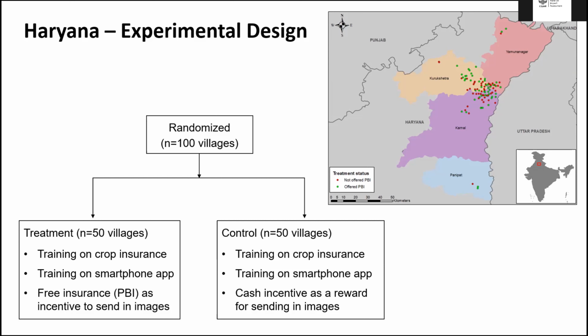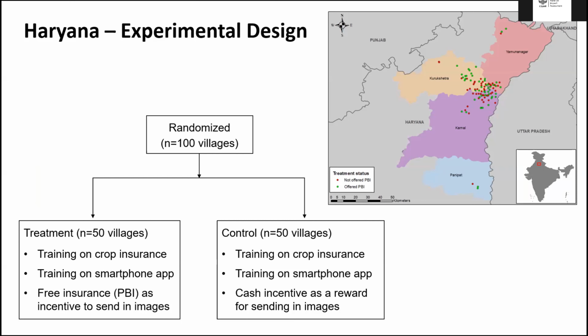And then we provided a cash incentive as a reward for sending in images. The reason why we did this is because we really wanted to focus on the effect of risk reduction through insurance, but not confound any estimates or differences between treatment and control by, maybe, training farmers on crop insurance might be having an effect. Maybe sending in the photos might be changing farmer practices.